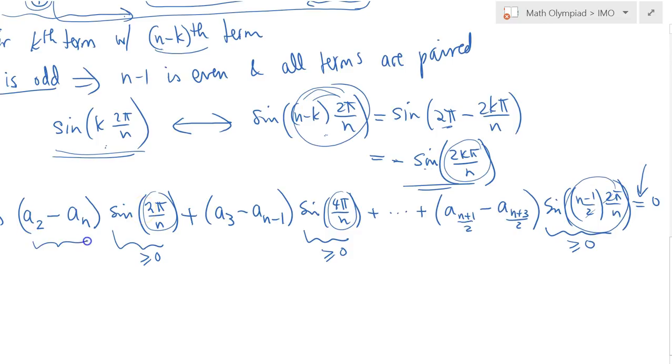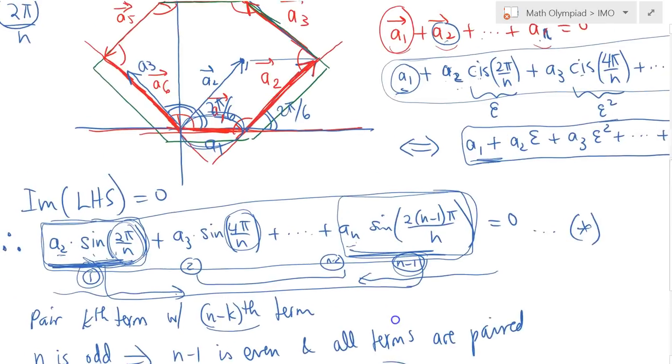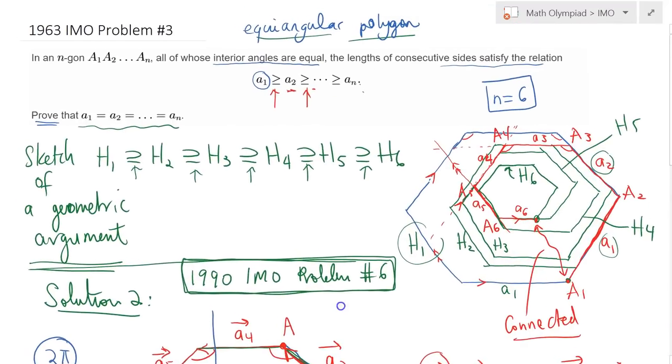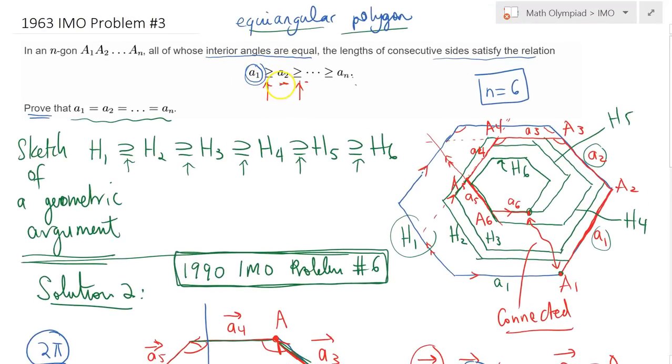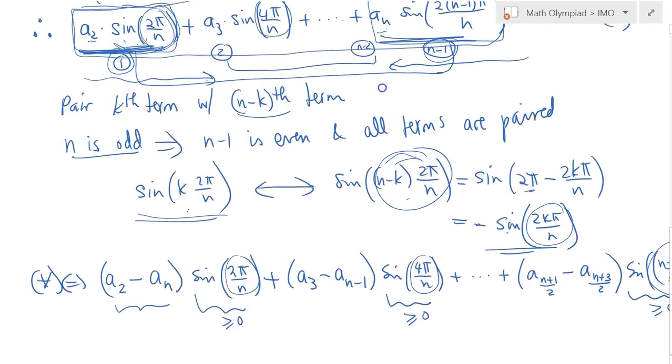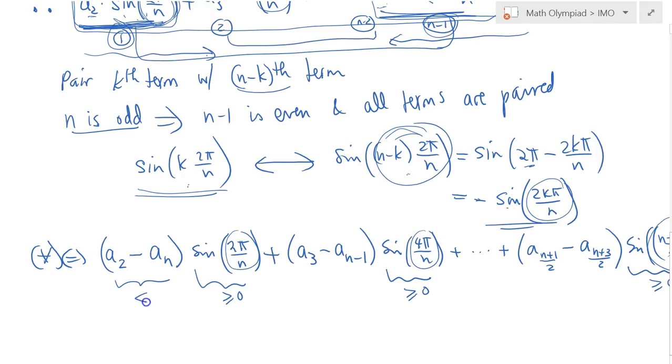Look at these now. A2 minus an. Remember the condition given at the beginning of the problem. A1 is the largest, A2, and so on. So an is the smallest, right? So therefore, look at this. This is obviously less than or equal to 0. The same thing here. Less than or equal to 0. Wow.